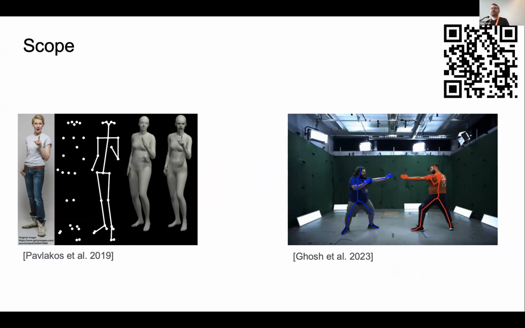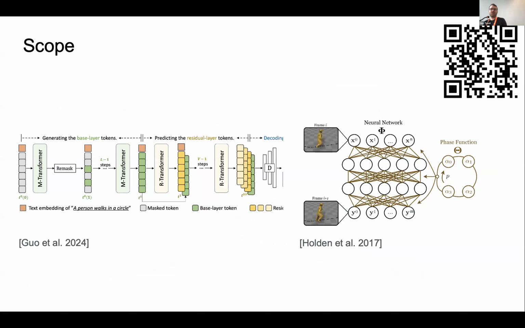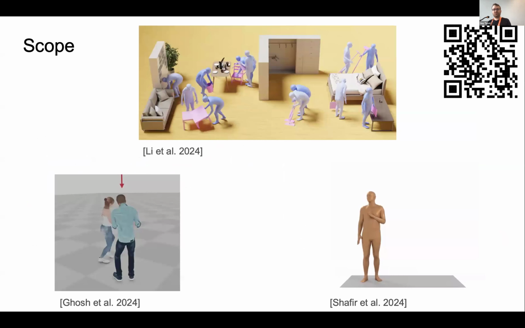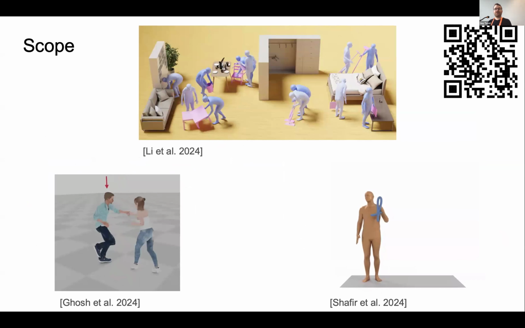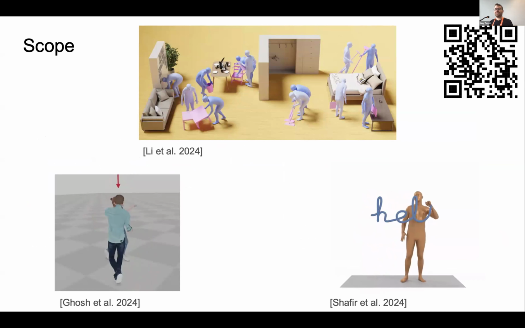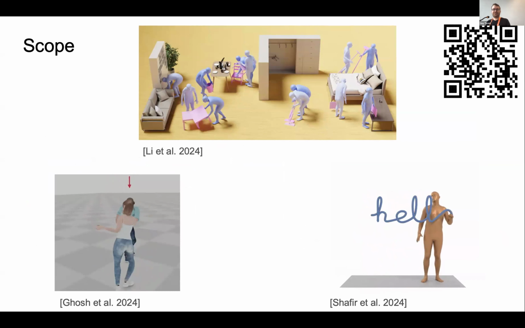That includes the generative methods from the data collection and data representation through the architecture, the training methods, the various types of input conditioning, including abstract and multimodal inputs such as text and music, the evaluation methods, and the generative tasks, including control, interaction with the scene and with other characters.